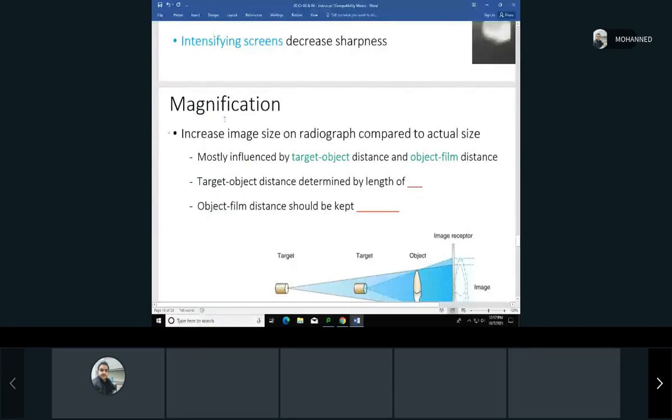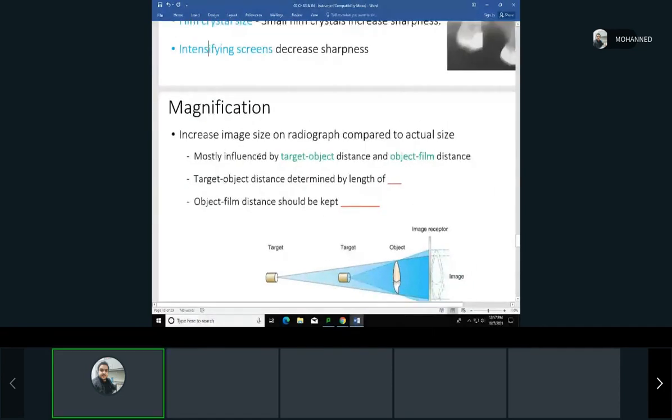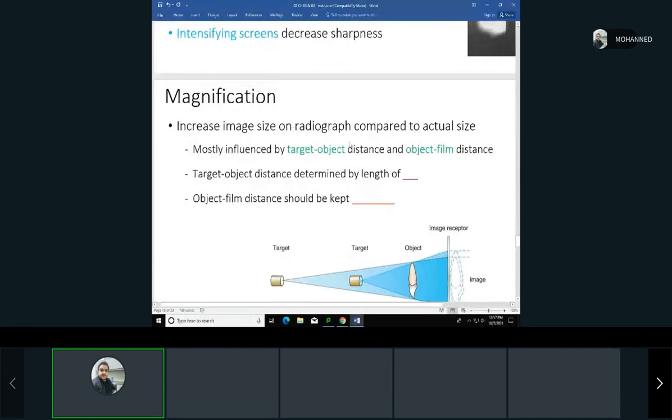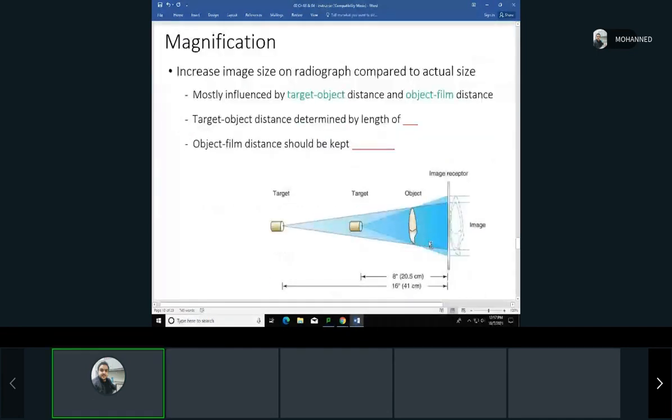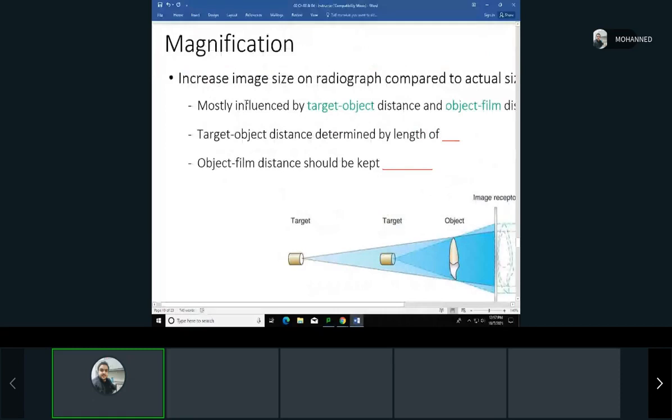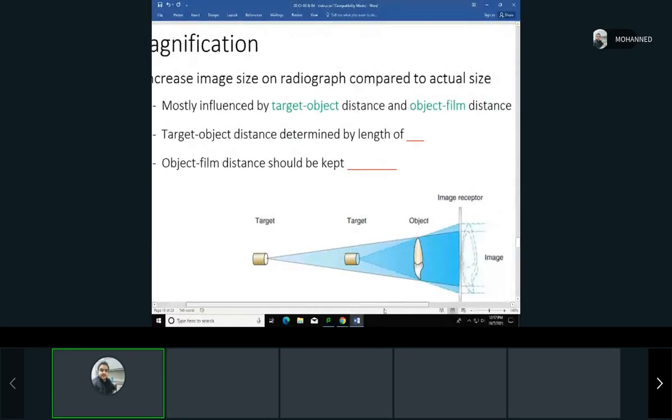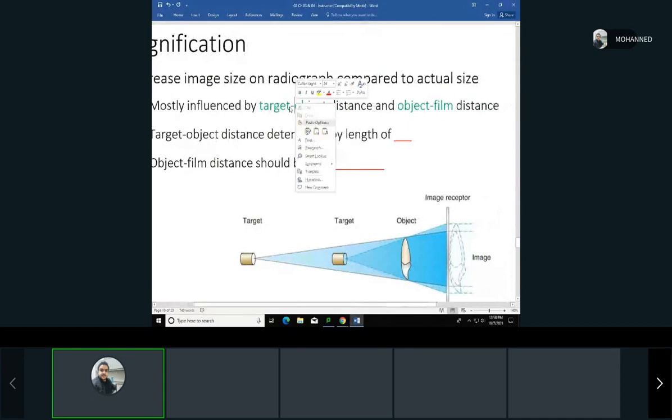Magnification. This is another problem or issue that can happen. So definitely it's the increase of the image size on the x-ray compared to the actual size. So if you look here, let's see, mostly influenced by the target object distance and the object film distance. Again, this is going back to what we talked about before when we talked about the shadow forming.